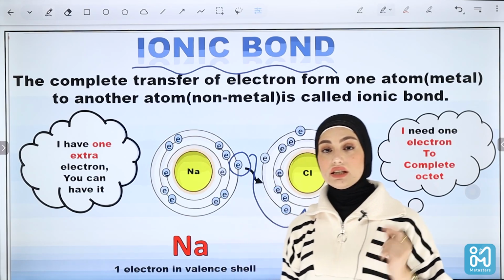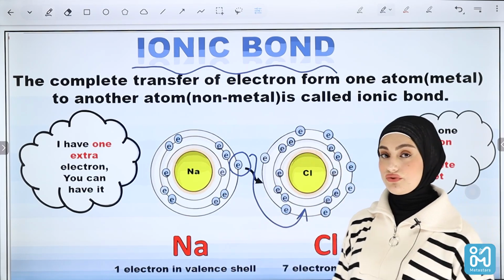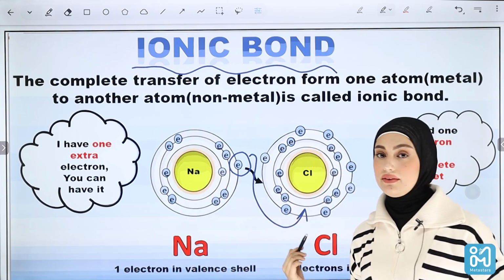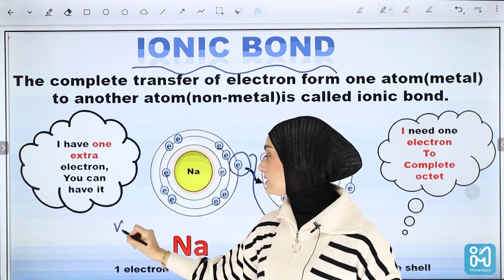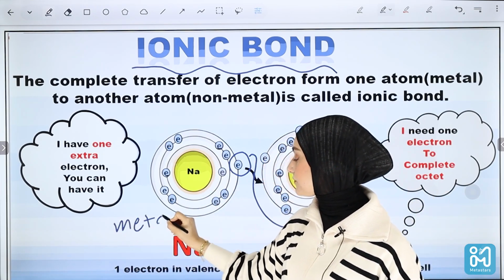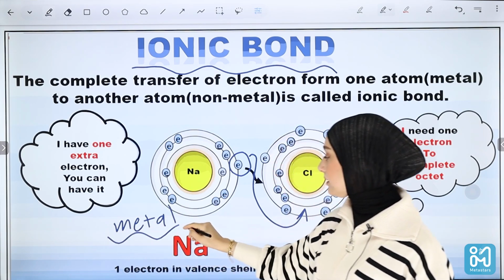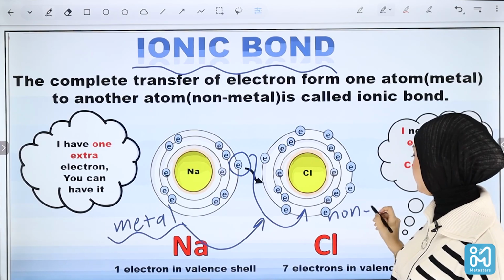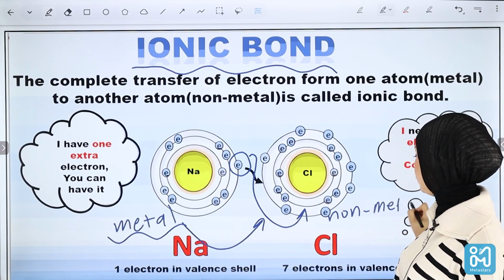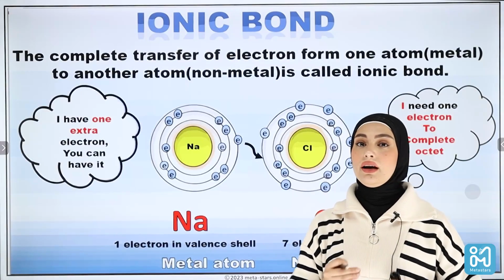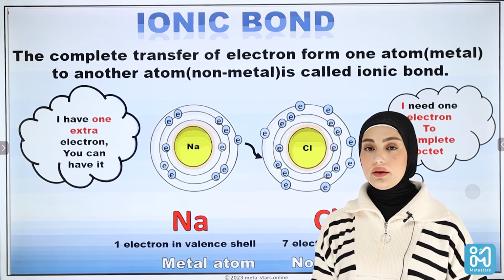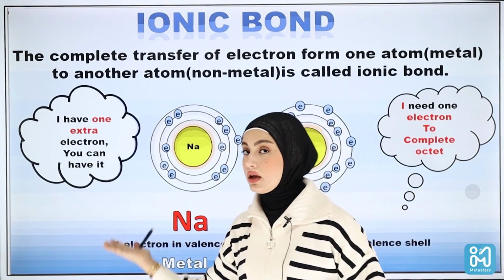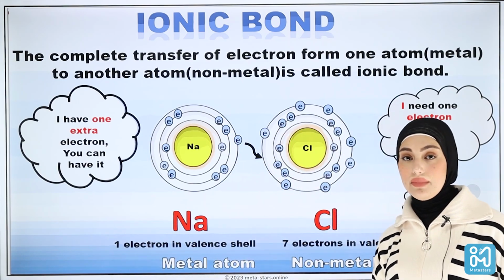This electron will always transfer from a metal atom to a non-metal atom. So in the ionic bond, we are talking about complete, full transfer of electrons from a metal to a non-metal element.